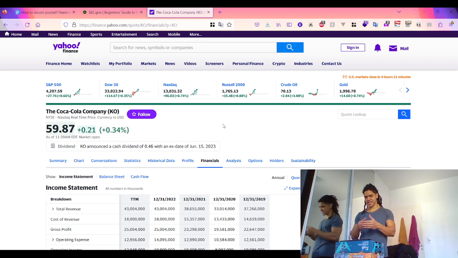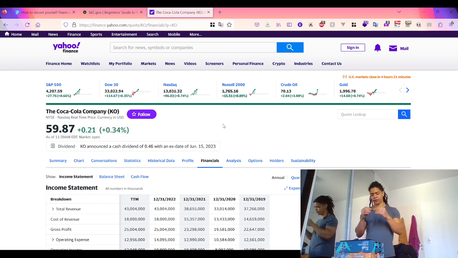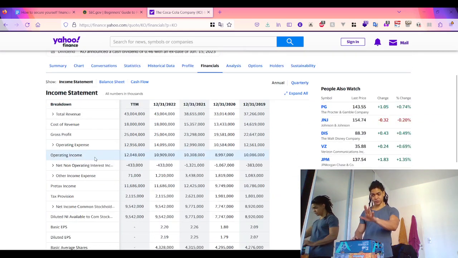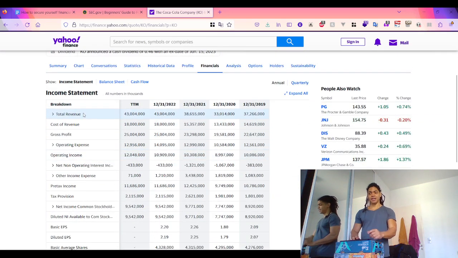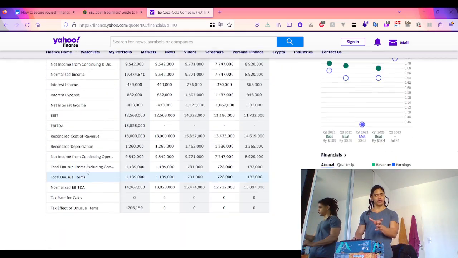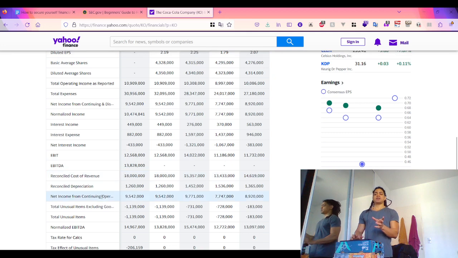And then I look at the income statement, which shows how much money a company makes and spends. When you look at the income statement, the bottom line shows if a company made a profit or not.